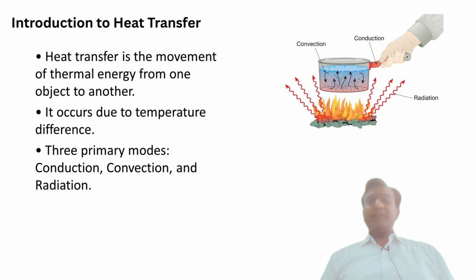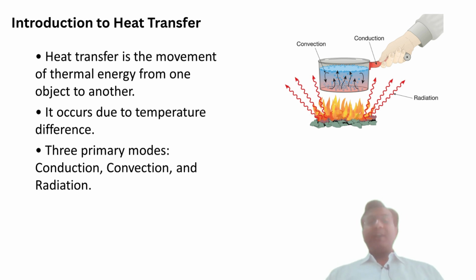Convection involves heat moving through fluids, like liquids or gases, often due to the motion of the fluid itself, like warm air rising in a room. Radiation, on the other hand, is heat transfer through electromagnetic waves, like the warmth you feel from the sun. Each mode has unique characteristics and applications, which we will explore in detail.